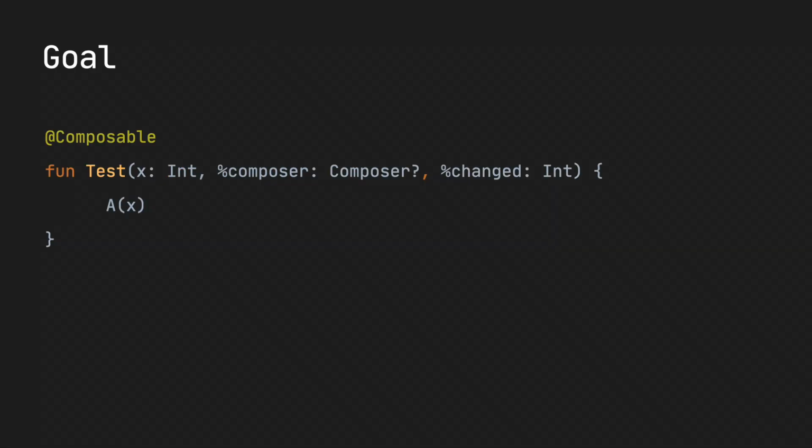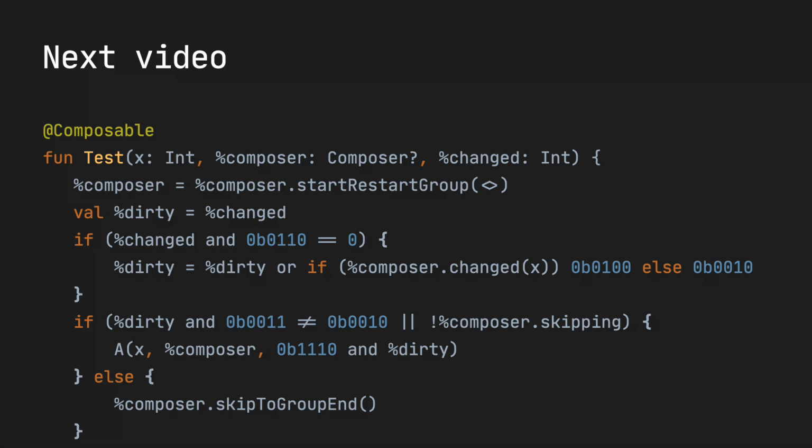And in the end, what you get is this right here. So this is how the change parameter and the composer get added. Next, we're going to look at how all this other code gets added, which is used for being able to skip a composable function. We'll look at how this and or is being used and why they're being used in that way.